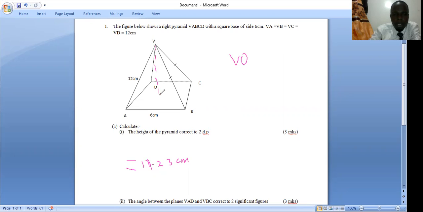This is where O is. You know the length there. So VABC, it means the angle it is making is this angle that we want.